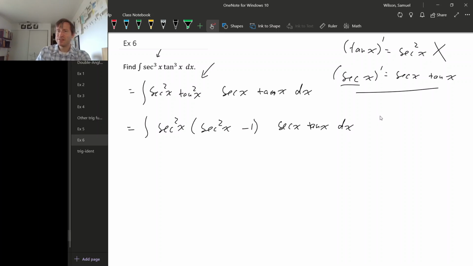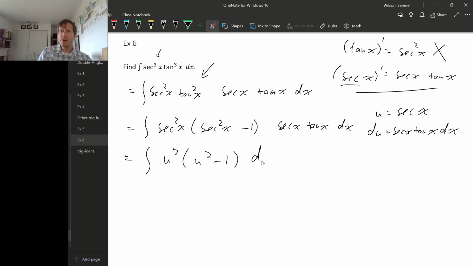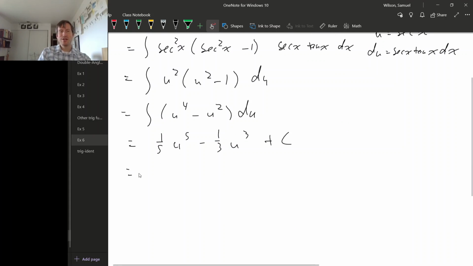Now we're set up to use this u substitution. We take secant x for u, and then du is secant x tangent x dx. So the u substitution gives us the integral of u squared times u squared minus 1 du. Multiply this out: the integral of u to the 4th minus u squared du. Do the antiderivative: 1/5 u to the 5th minus 1/3 u to the 3rd plus a constant, and then undo our substitution to get back to our secants.